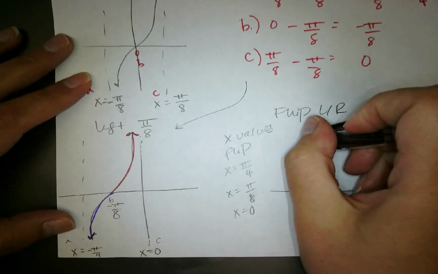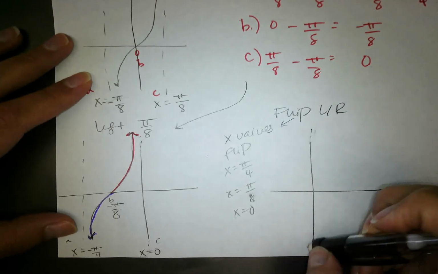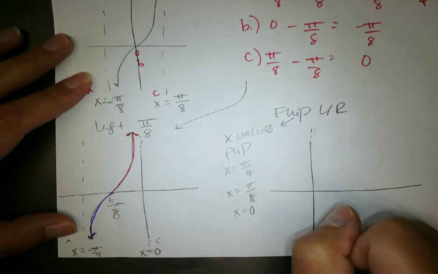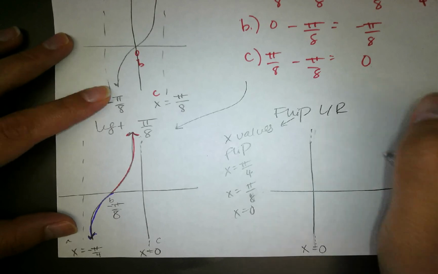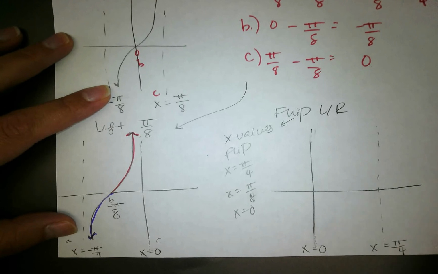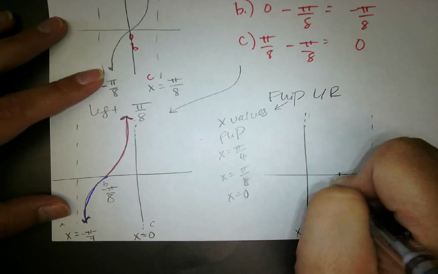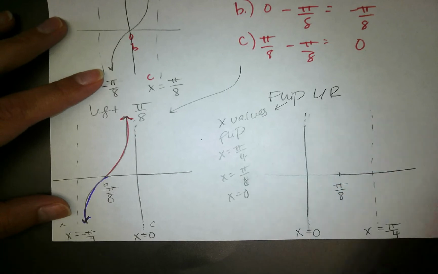So we still have x is 0 as our asymptote. X equals positive pi over 4 now for our other asymptote. And our middle guy is x is now positive pi over 8.